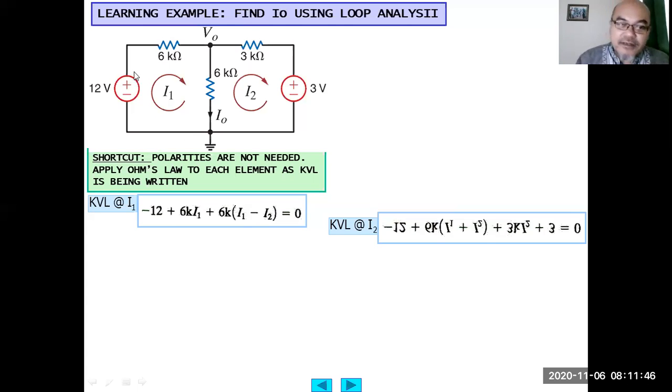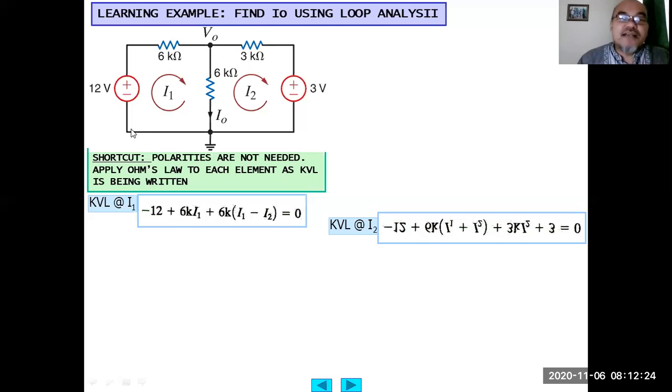So for example, in this first loop, I1, current enters the independent 12 volt source into its negative terminal, then we know that we have to put a negative sign, because it is opposite to the passive sign convention. In different words, when the current flows from the negative, the potential is being increased, so it is a negative voltage drop. A positive voltage increase means equivalently a negative voltage drop.